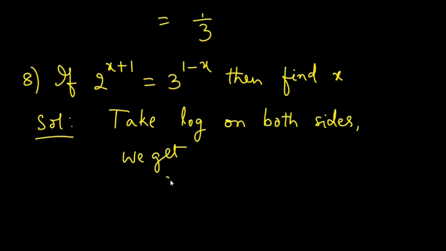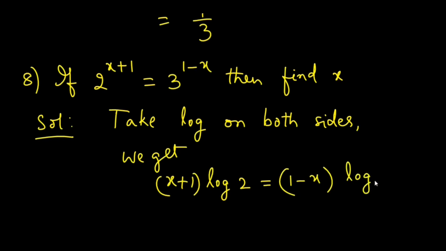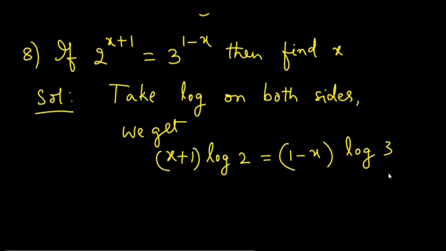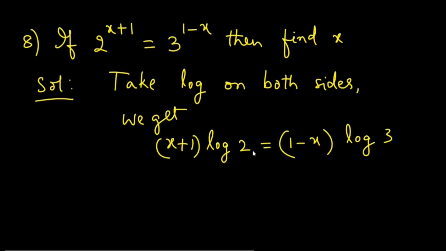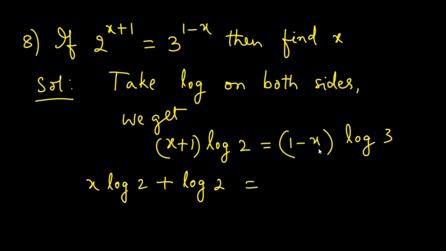We get (x plus 1) into log 2 is equal to (1 minus x) into log 3. So here we are taking logarithm on both sides and applying power rule. Now expand. x into log 2 plus log 2 is equal to log 3 minus x into log 3.